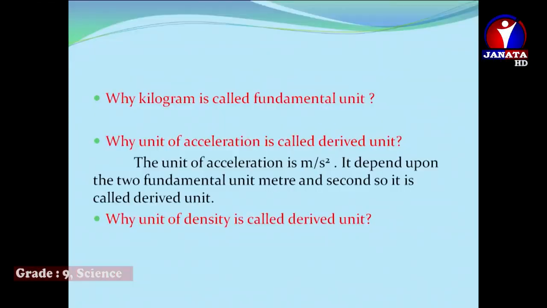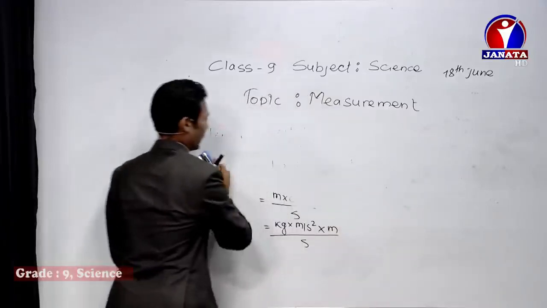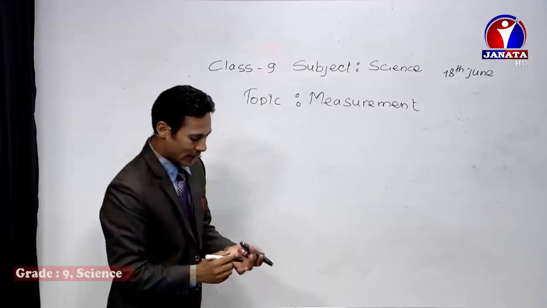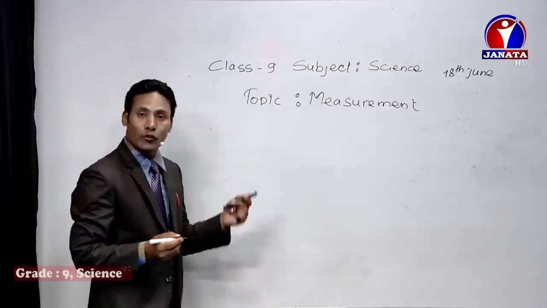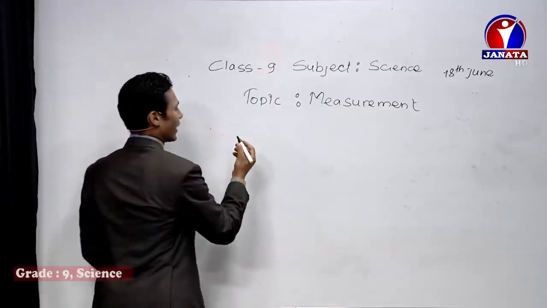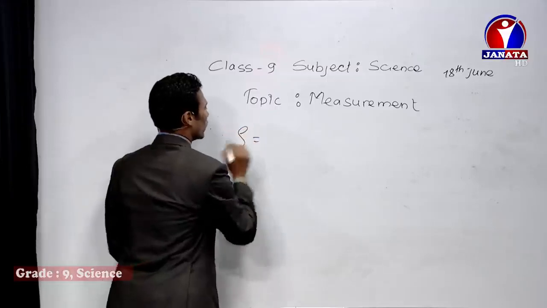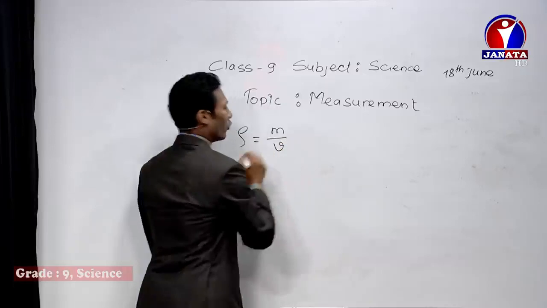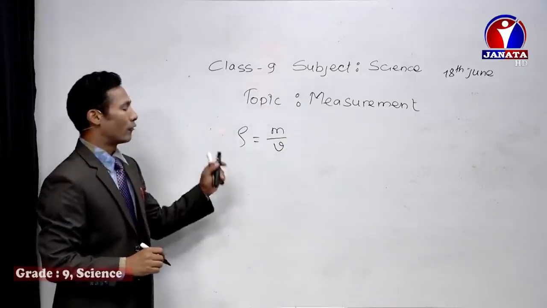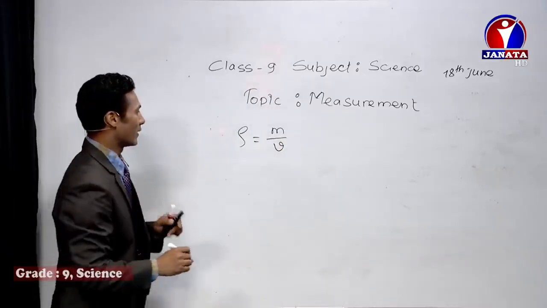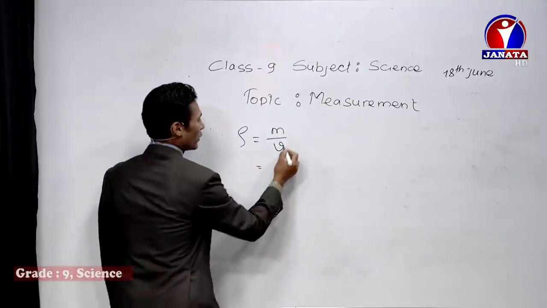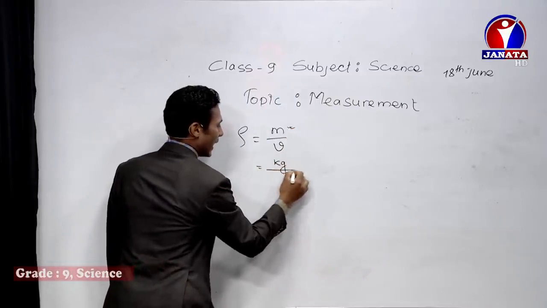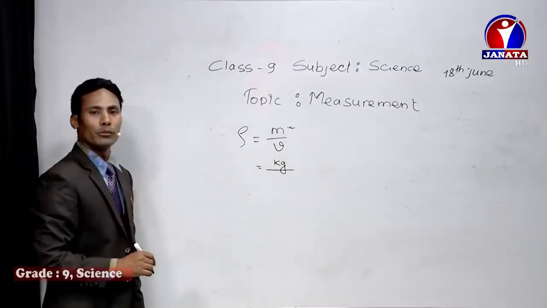So let me show about the density. Okay, density. The density symbol is d, and we can also write rho. So here I will mention this rho. Rho equals mass by volume. That is the formula for density, right? Now what is the unit of mass? It's kg. And what is the unit of volume?